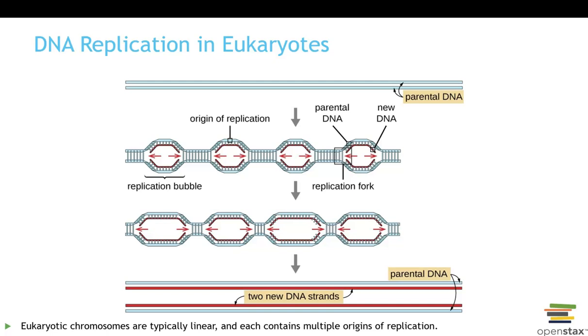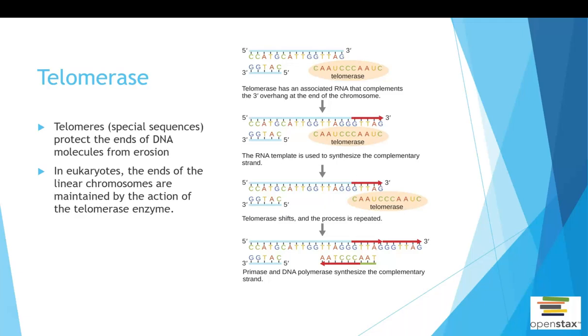In eukaryotic cells we have different origins of replication, since they have bigger and more complex DNA. So we have several origins of replication that can do the DNA replication simultaneously, at the same time.